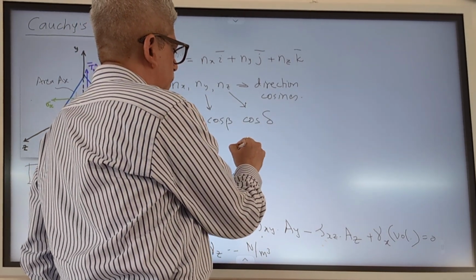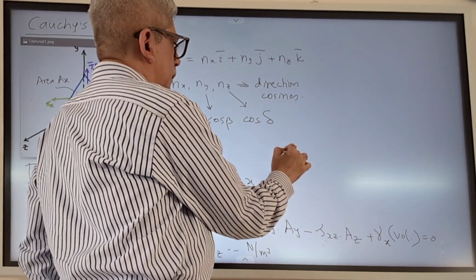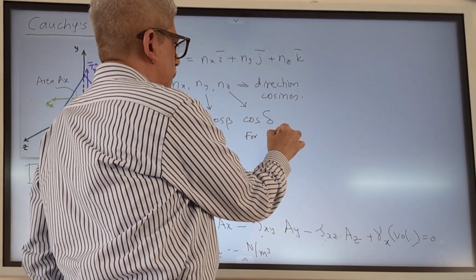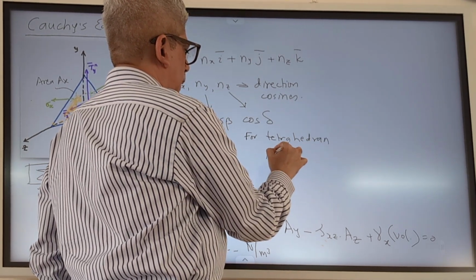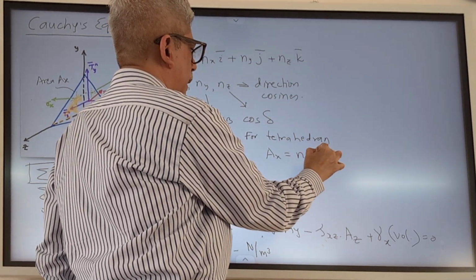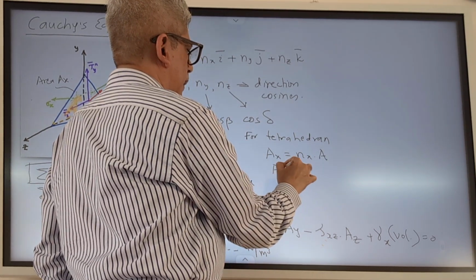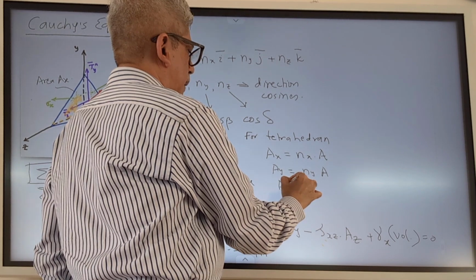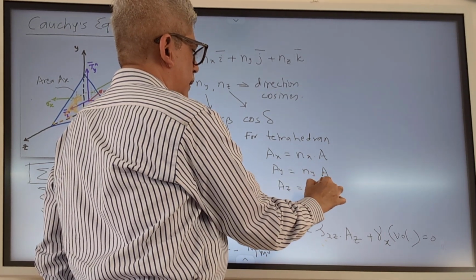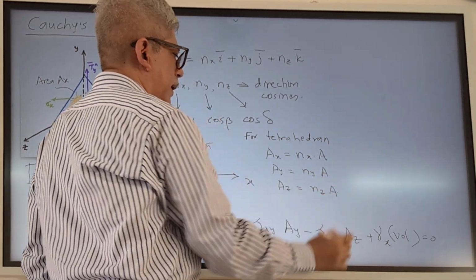For the tetrahedron, Ax is given as nx times A, Ay is given as ny times A, and Az is given as nz times A.